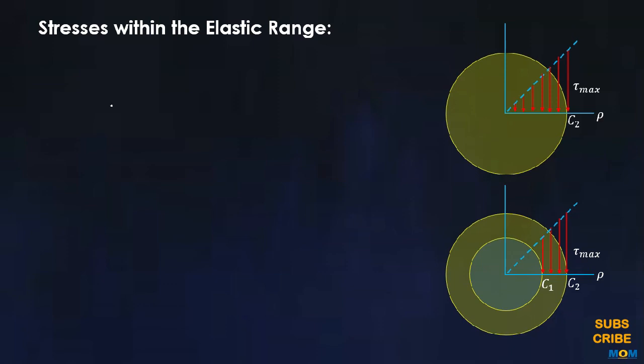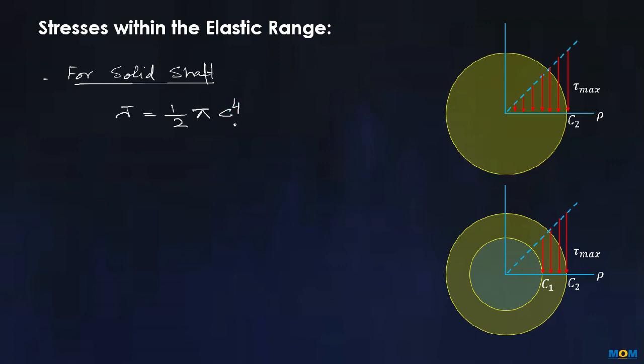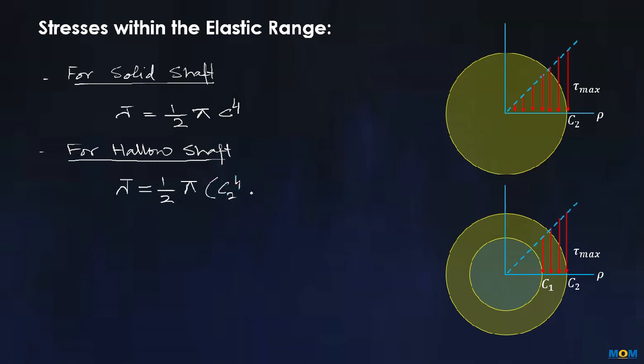Now to calculate the polar moment of inertia for the case of a solid shaft, this J is equal to half pi C to the power 4, and for the case of a hollow shaft, this J is equal to half pi times C to the power 4 minus C1 to the power 4.